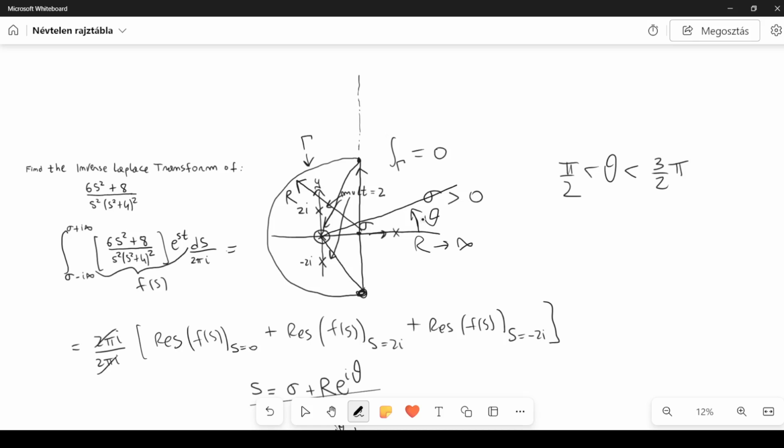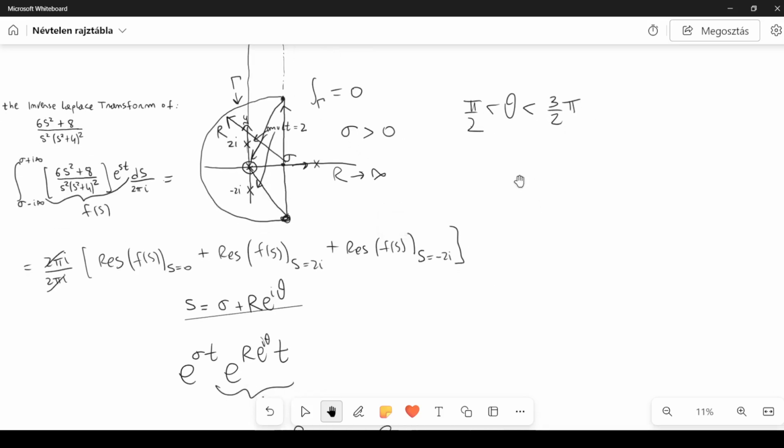So if we consider r bigger and bigger, in the limit approaching infinity, theta goes to pi over 2, and similarly for this point here, we are going to 3 pi over 2.